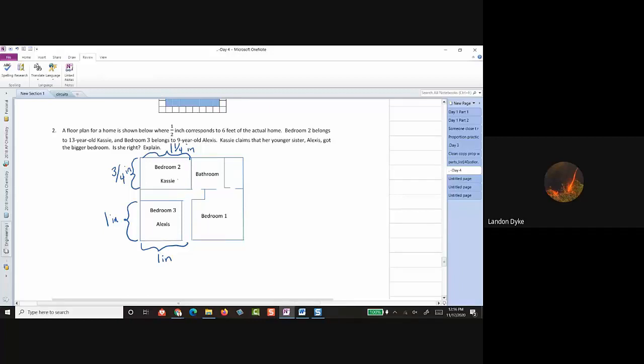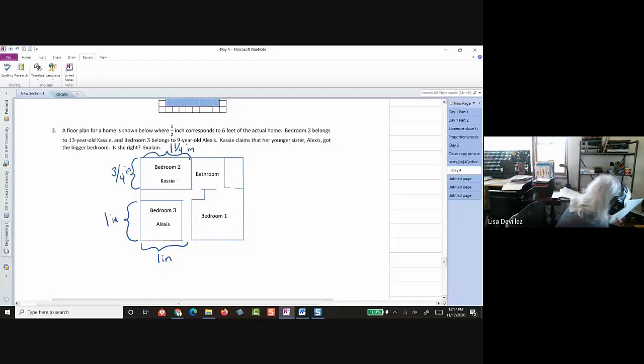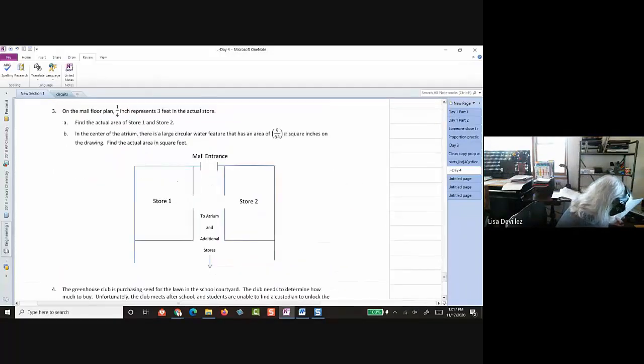So I got that part written down. Okay, so this one, store 1 is 1 7/16, going from there to there.